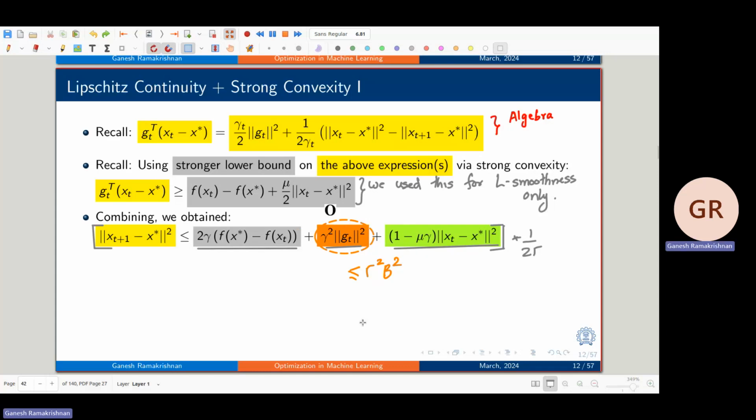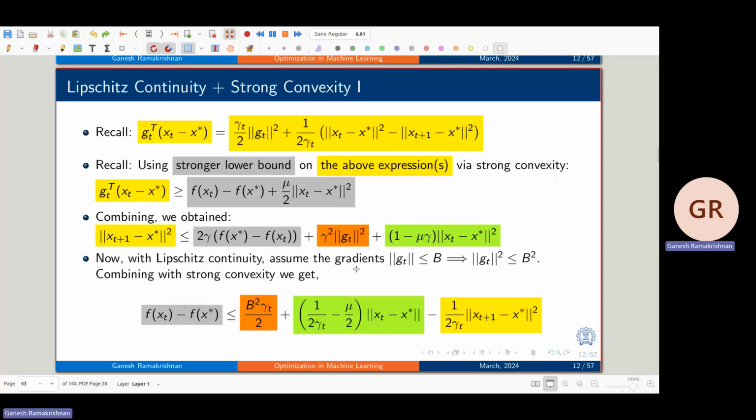So basically now we do some algebraic manipulation and use Lipschitz continuity here, assuming the gradient norm of g_t is less than B, and combining with the earlier strong convexity result, we have f of x_t minus f of x star is less than or equal to this entire expression. What do we do next?